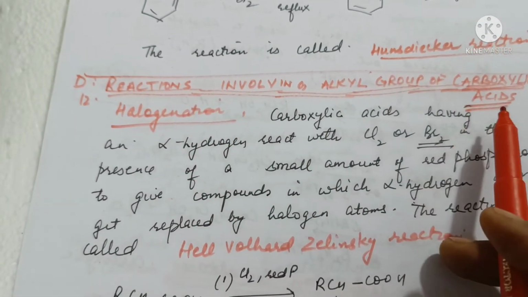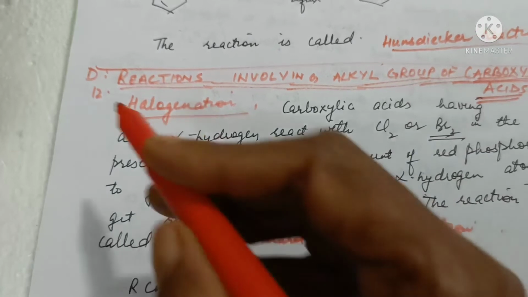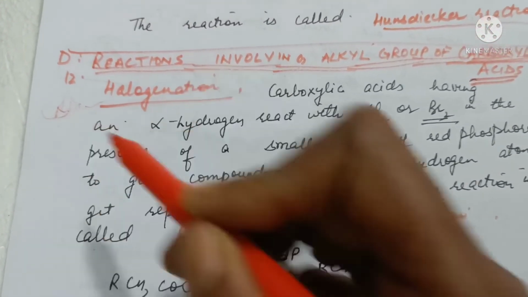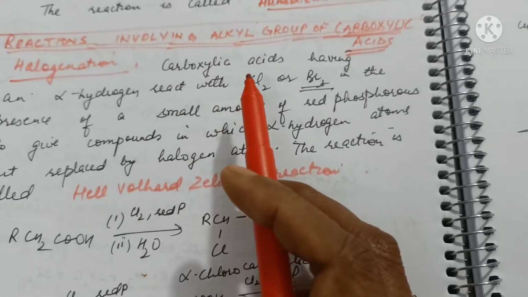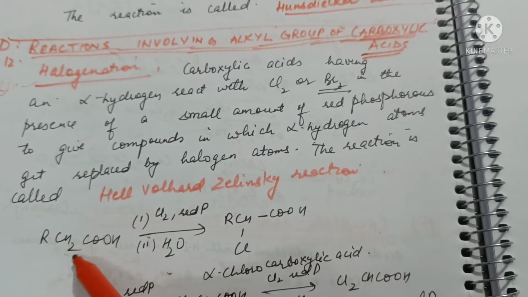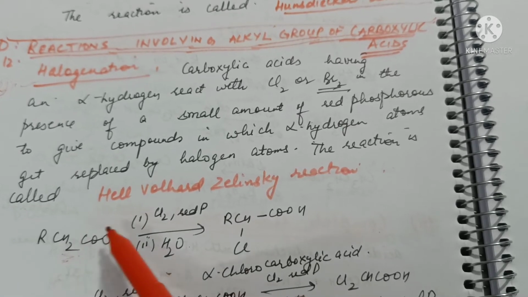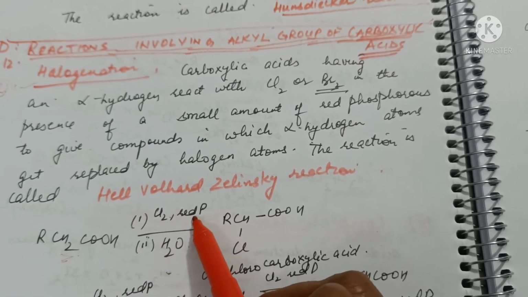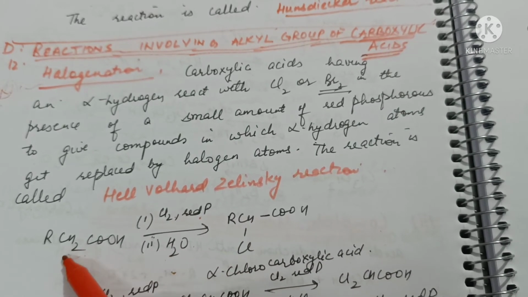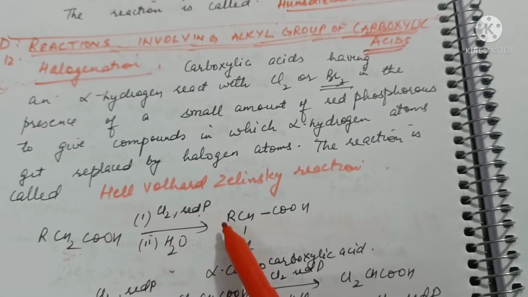Reactions involving the alkyl group of carboxylic acid. The alkyl group is active. Carboxylic acids having an alpha hydrogen atom will react with chlorine or bromine in presence of red phosphorus and then water, where the alpha hydrogen will be replaced by halogen.